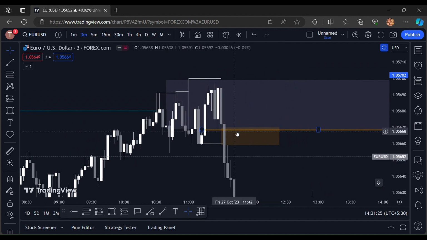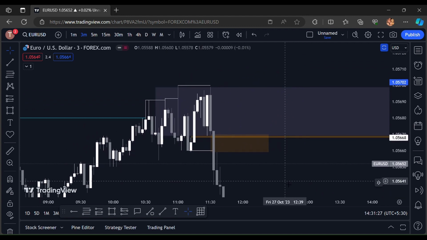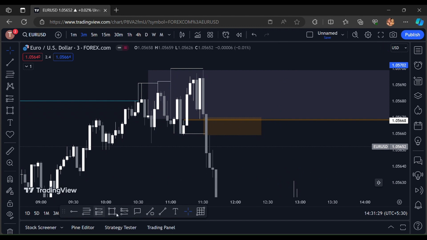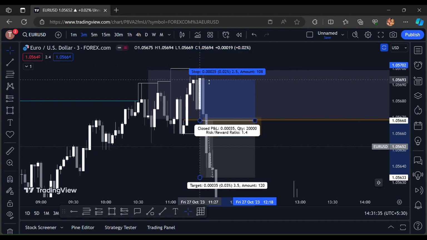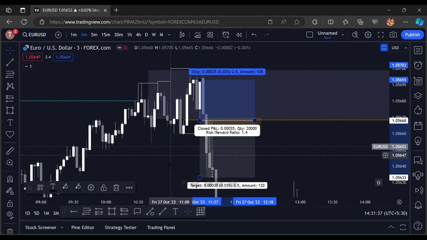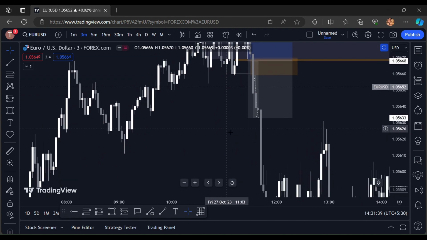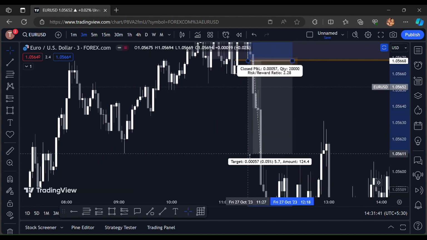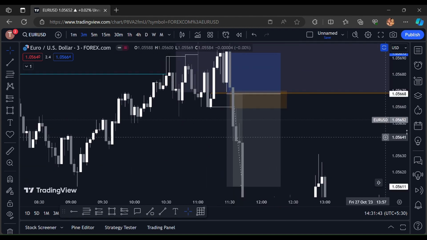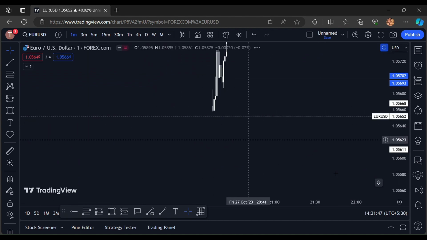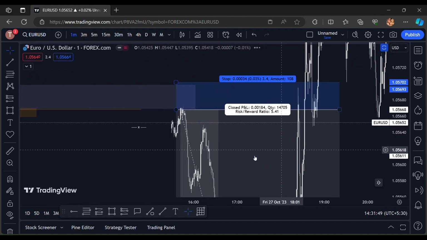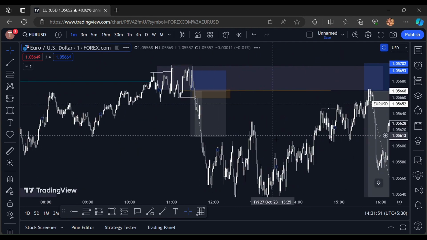So considering this, I had put an entry over this zone just here, putting my stop loss over this zone, that is the breaker area, and my TP was this area at the point. But what actually happened was that the market rushed in the downward direction without giving me an entry. Just look at how the trade ran.